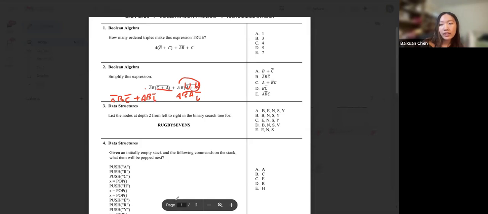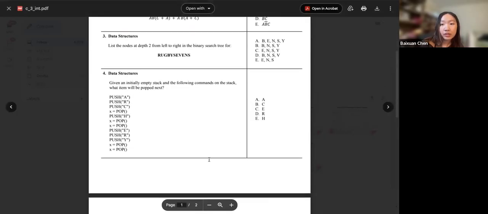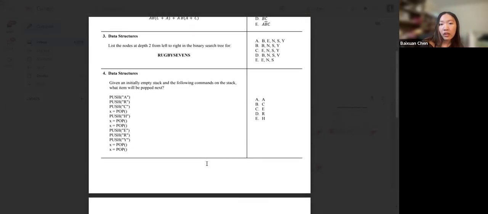Because no matter what A is, if you add the not to it, it'll be 1. So then it just turns into B not C. So this one's D.